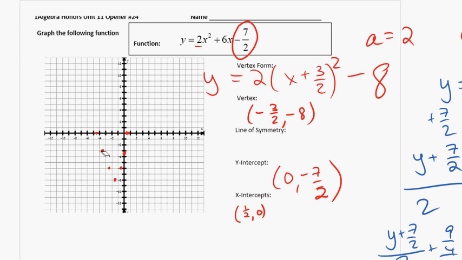Did I do that right? That doesn't look right. Let's try that again. There. And there. Is that symmetric? I guess that's the question I have to ask myself. From -1.5 to 1/2, I have to travel 2.